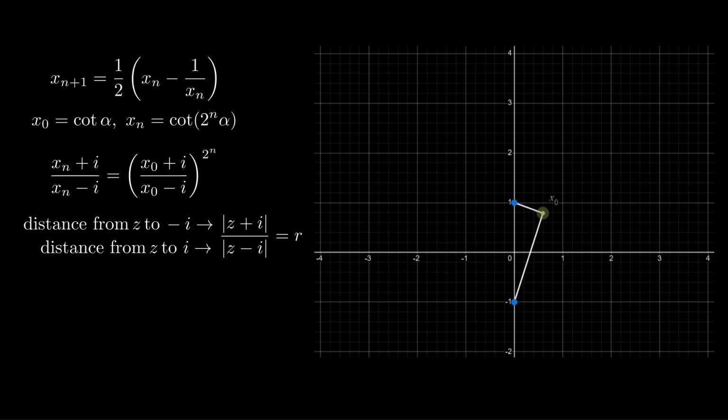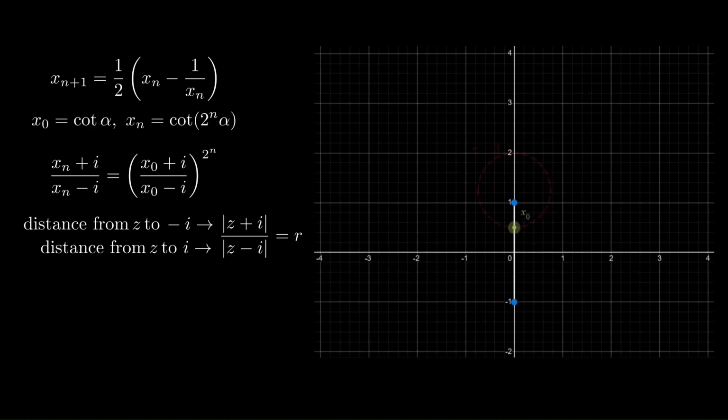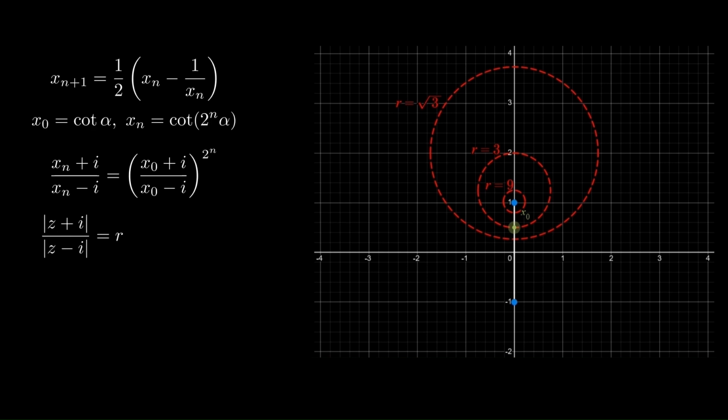Now here's a graph of the values we get when r equals 3, for example. It turns out that the graph is always a circle, as long as r is not 1. If r equals 1, though, then that says that z is equidistant from i and −i, and that means that z is a real number, so we get just the real line in that case.